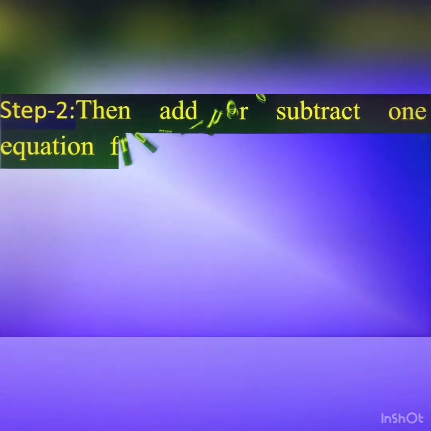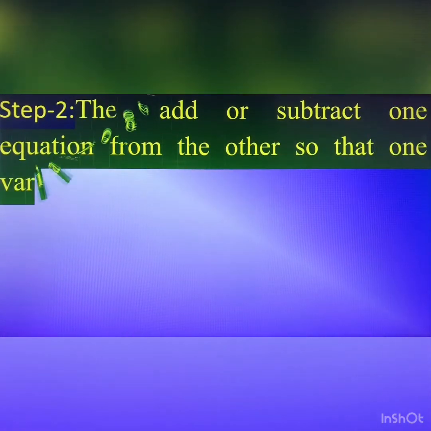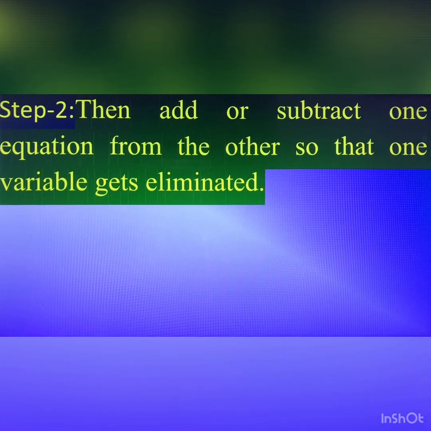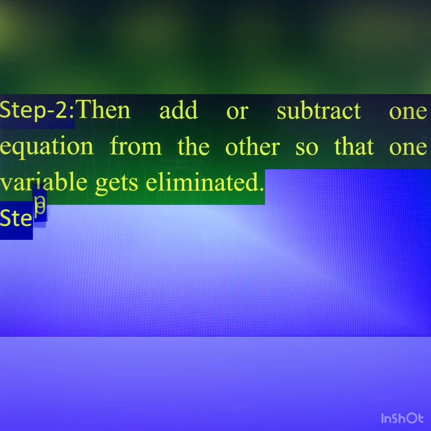And second step: add or subtract one equation from the other so that one variable gets eliminated. After that, according to the system, either we will subtract both equations or we add both equations. Then one variable is cancelled out, means totally eliminated. And we will get the value of one variable.